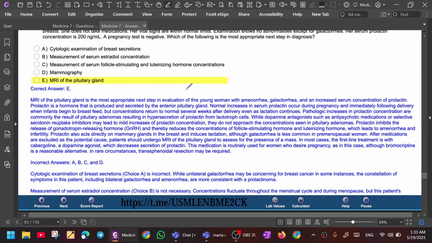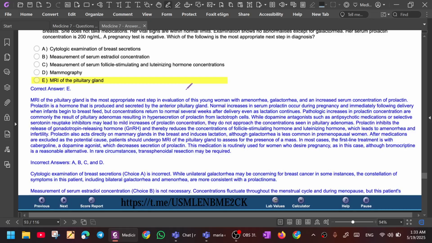Pathologic increases in prolactin concentration are commonly the result of pituitary adenoma, resulting in hypersecretion of prolactin from the lactotrophs, while dopamine antagonists such as antipsychotic medication or SSRIs may lead to a mild increase of prolactin concentration. They do not approach the concentration seen in pituitary adenoma.